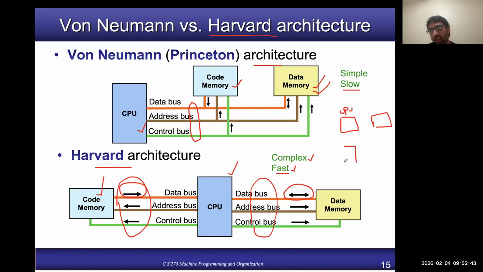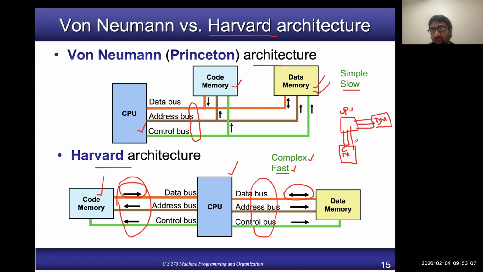So let's say you have two chips, one is the code memory, I'm writing it CM, and the other is the data memory, and one chip contains the CPU. You will have one set of buses between data memory and CPU, and another set of buses between code memory and CPU.